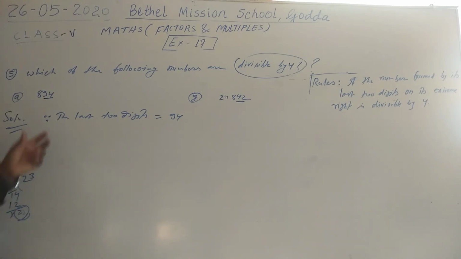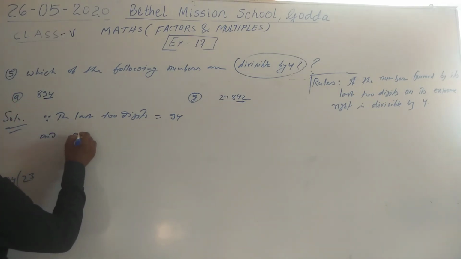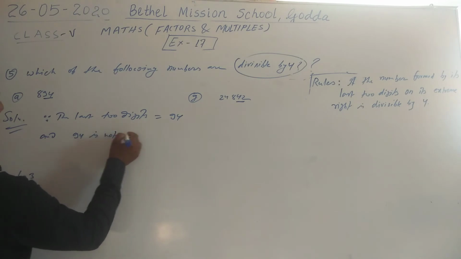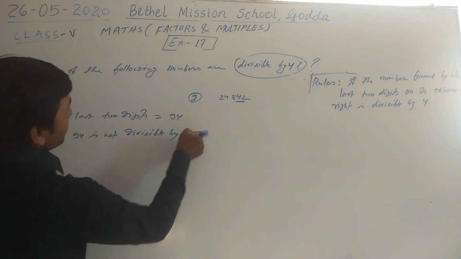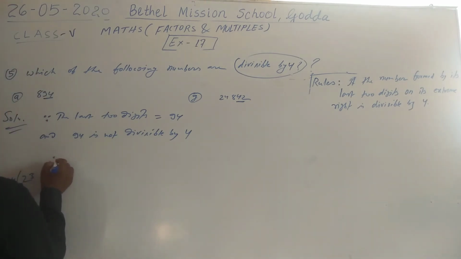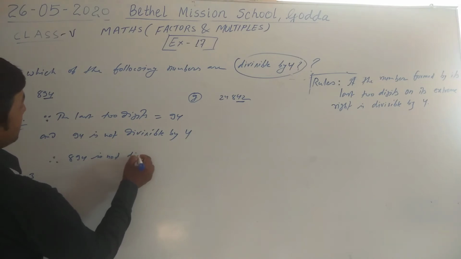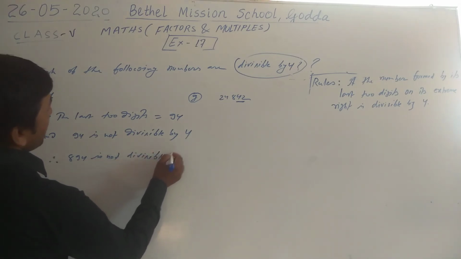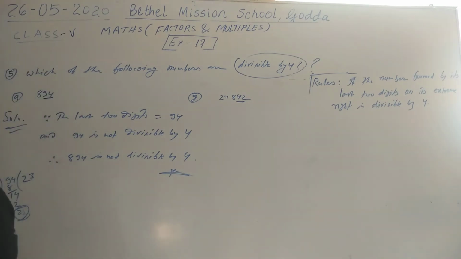It means this number is not properly divisible by 4, and 94 is not divisible by 4, therefore 894 is not divisible by 4. This much you have to write.